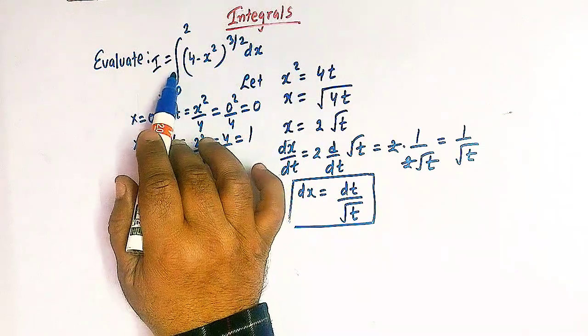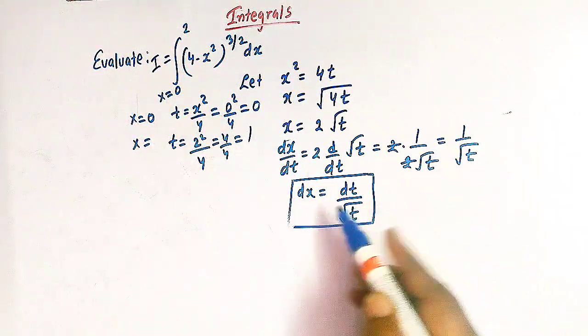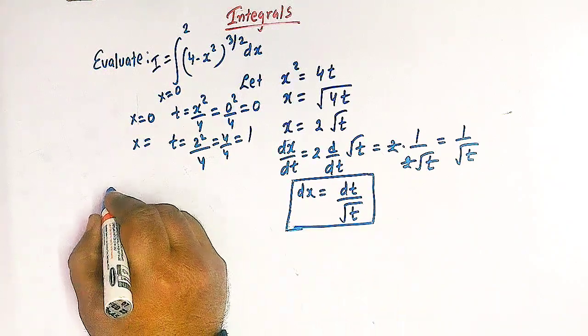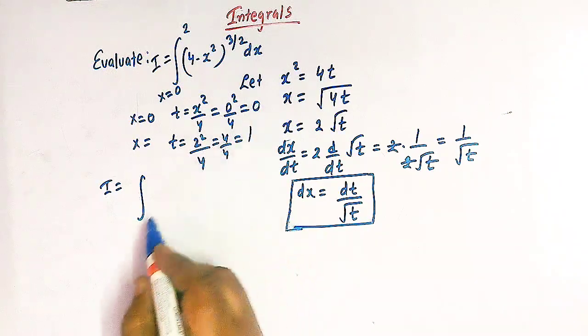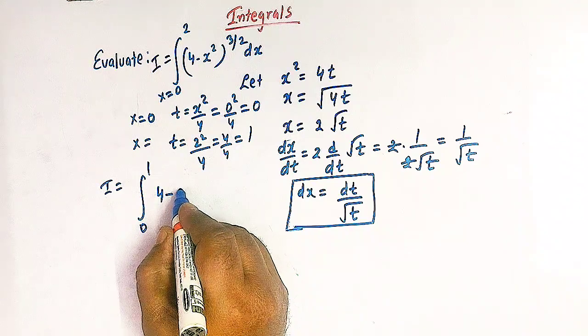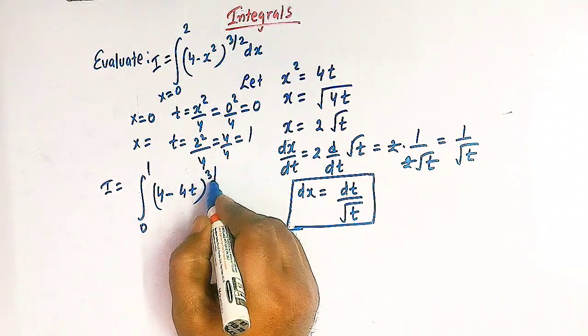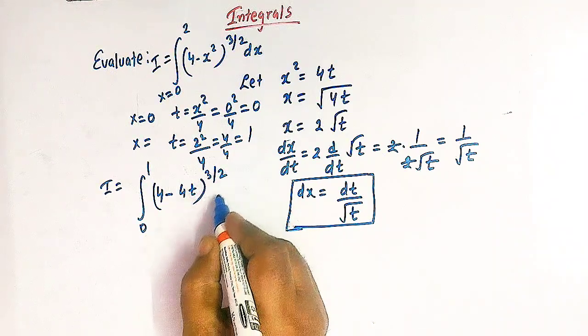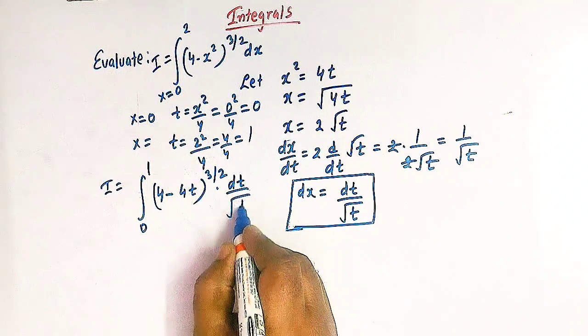Now let us transform this integral I in terms of t. Now we have I is equal to the integral with limits from 0 to 1, and here we have 4 minus x square, which is 4 times (1 minus t), raised to the power 3 by 2, and dx is dt over square root of t.